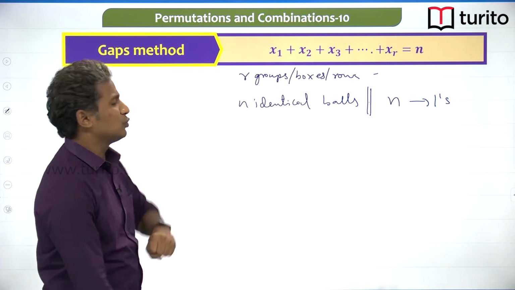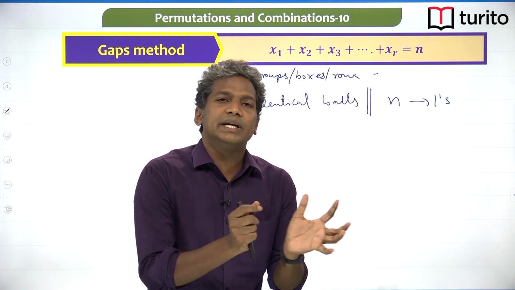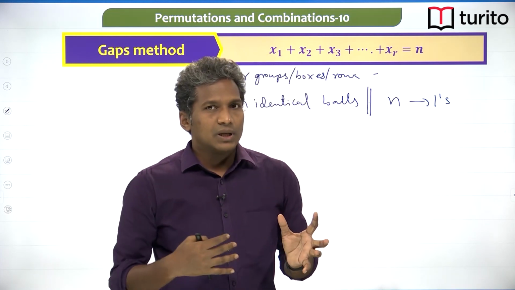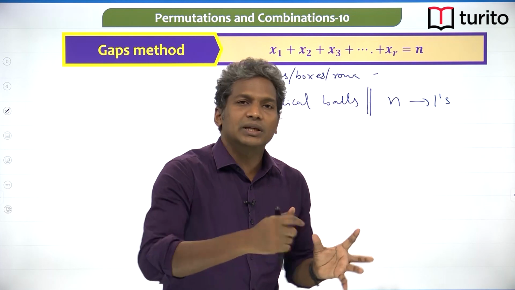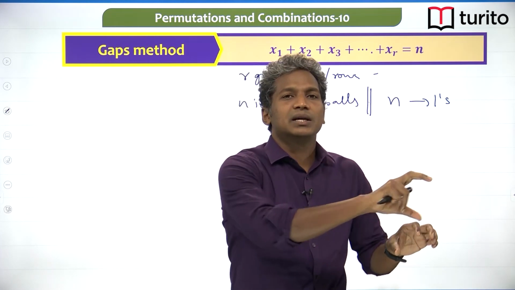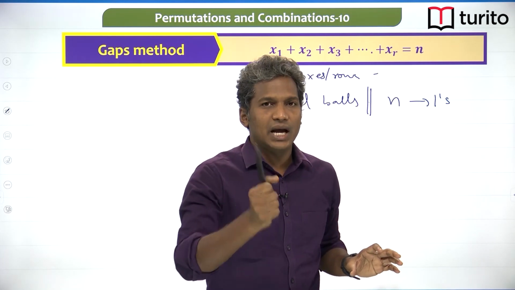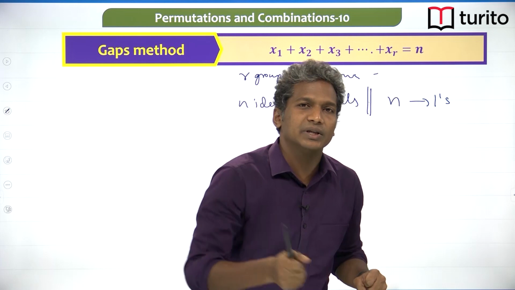And these r groups means you want to divide these n balls into r groups, okay. So in how many ways you can do that, that's the whole point. So what we do is, let's say we arrange these n balls in a straight line, and I have taken a stick and I am going to place the stick in between the arrangement.